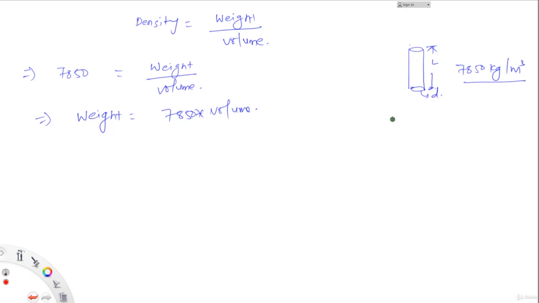The formula for the volume of the cylinder V is equal to the area of the cross section, that is the area of this circular portion, times the height.